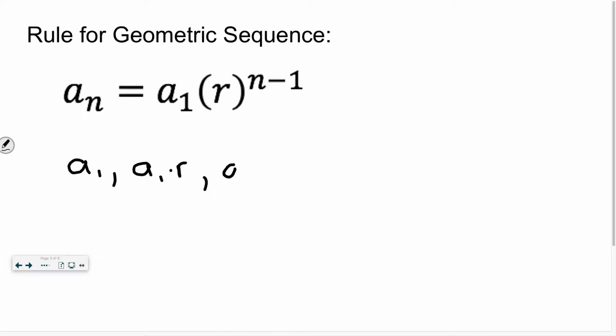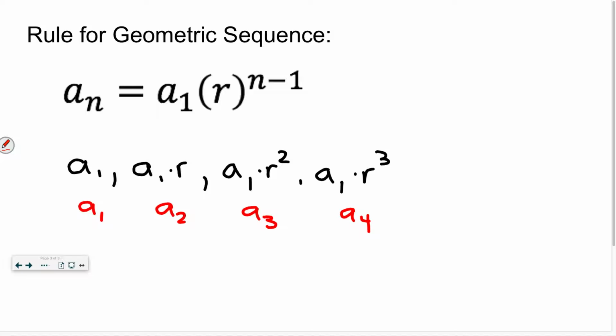To get your next term, you would do a sub 1 times r squared. To get the next term, you would do a sub 1 times r cubed, because each time you're just multiplying by an r, right? So this is my first term, this is my second term, this is my third term, this is my fourth term.